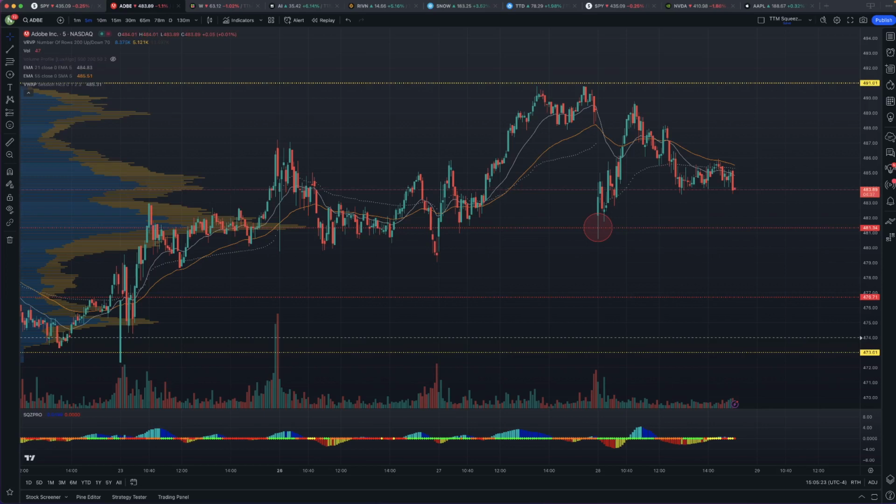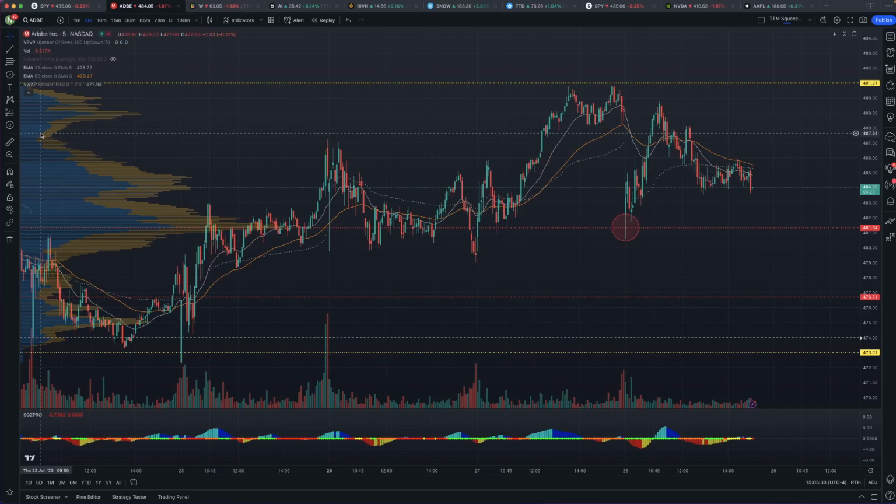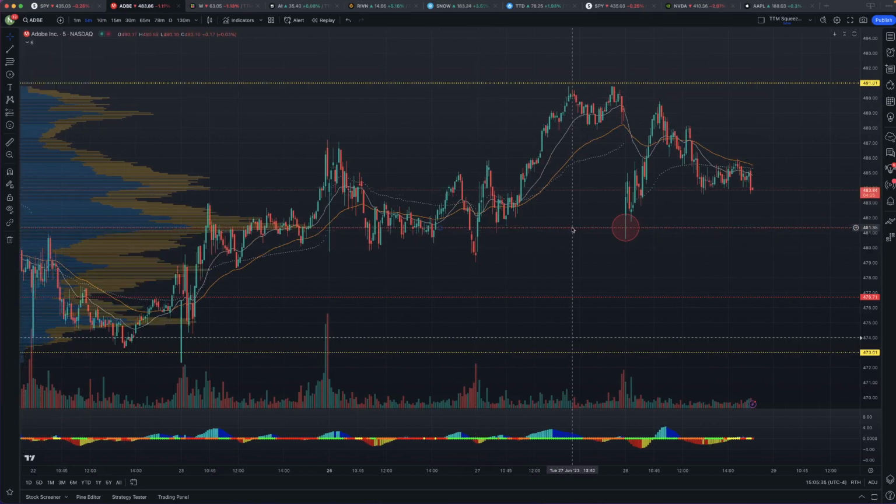Does anybody have any thoughts on that? So I took a half position here, and in some names, you can take a half position and add into a full position down here.